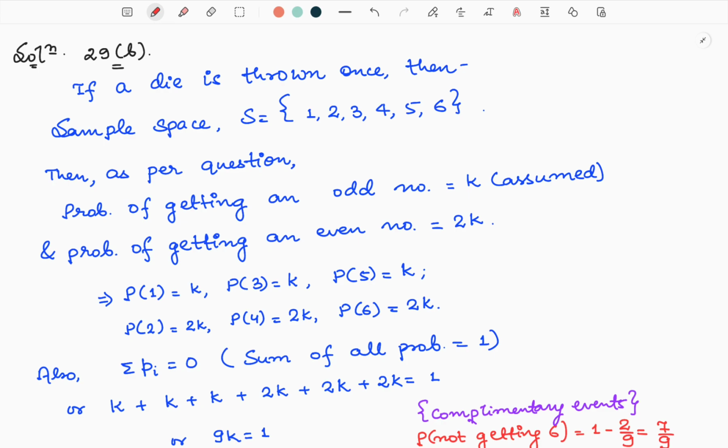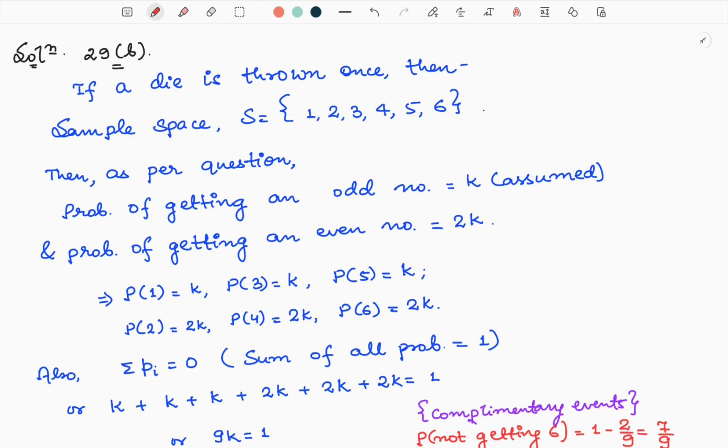Although this question is given as an option, and you can solve part A also, if you don't know how to solve that question, then it will be a major problem. Now if a die is thrown once, then the sample space is 1, 2, 3, 4, 5, 6. Now what is the probability of getting an even number, and what is the probability of getting an odd number?